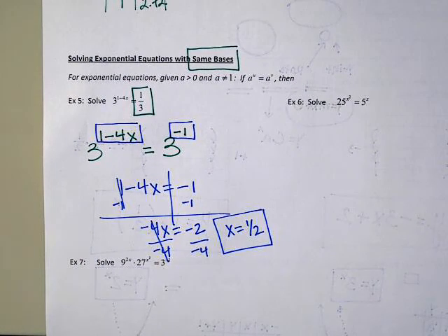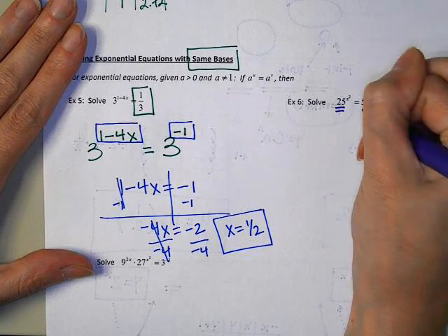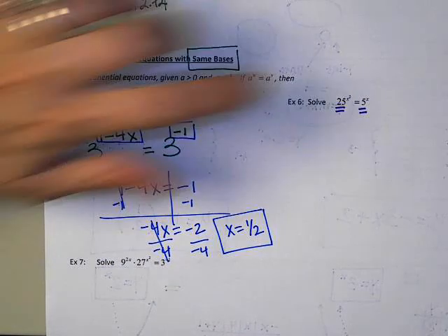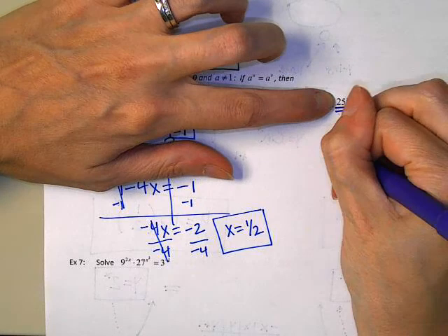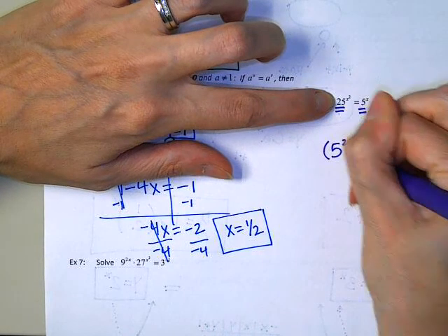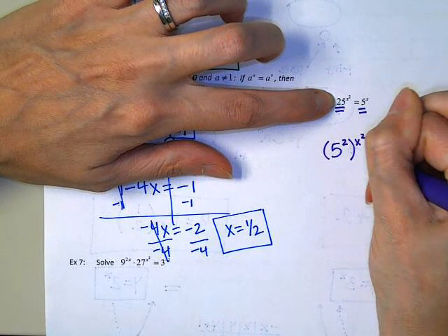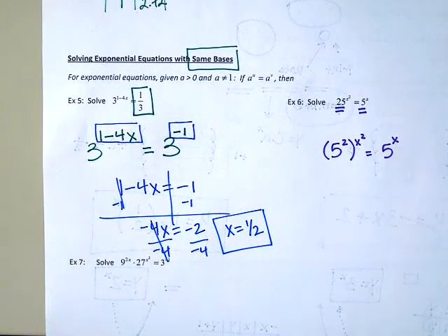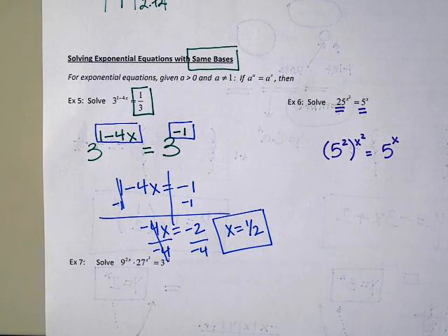All right, let's try 6. And again, I hope you guys are pausing so you can try these on your own first. So number 6, if we can get 25 and 5 to be written as the same base, it'll be really easy to solve. So do you guys agree 25 is really just 5 squared? And then 5 is already 5. Okay, so we'll just write it as 5 squared.